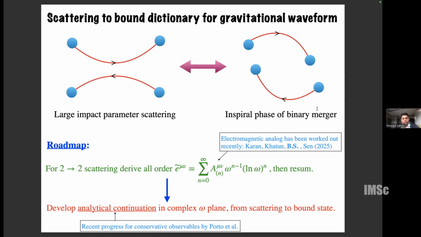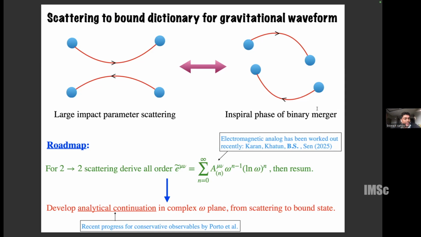So the roadmap which I would like to explore here is basically this: once we have the gravitational waveform as an all-order expansion in frequency, which I already did for the electromagnetic case and am currently doing for the gravity case, we can resum it and develop an analytical continuation in the frequency plane, and go from a scattering event to a bound event.